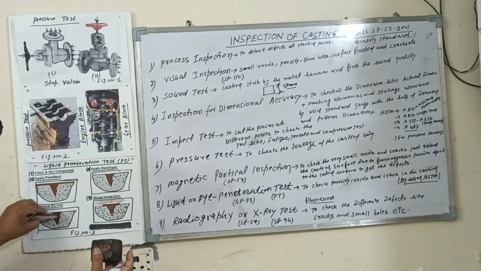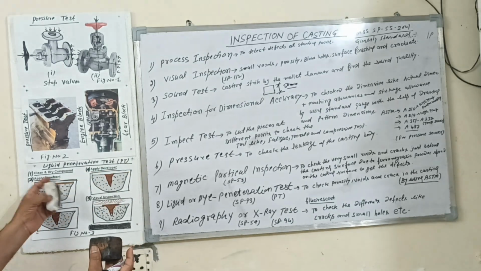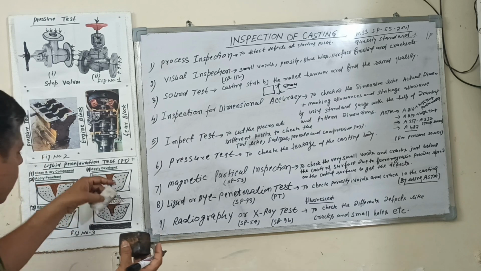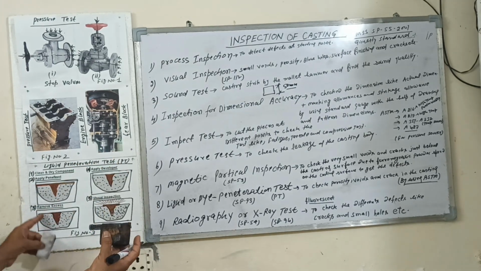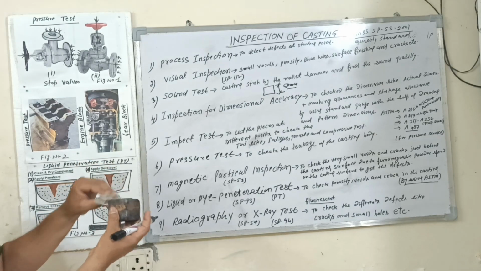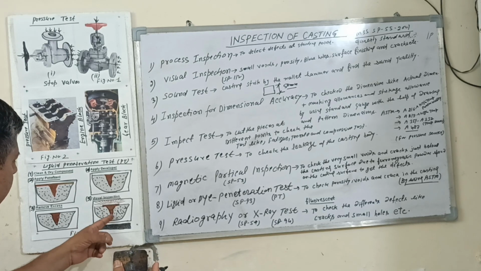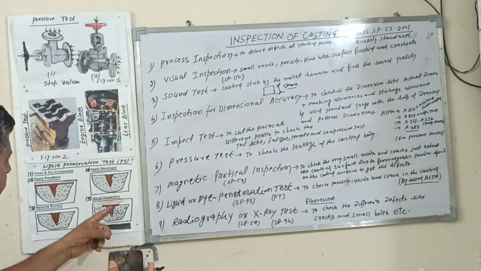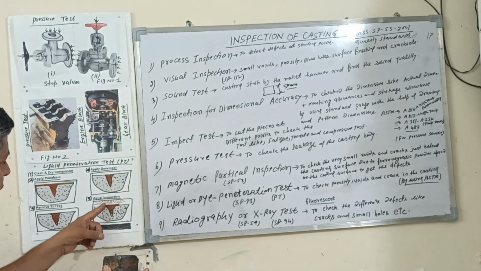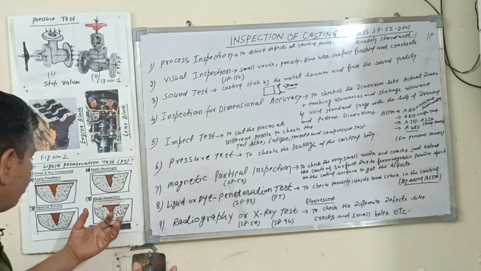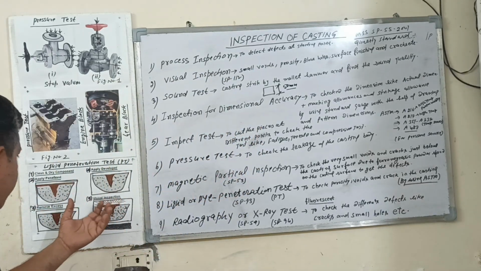Now the developer is applied here, and removed like this in one direction. After some time, the ultraviolet light is used, and you can see the defects on the surface. This process works on capillary action.